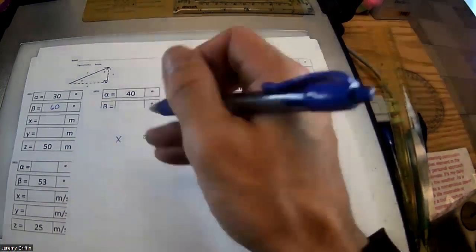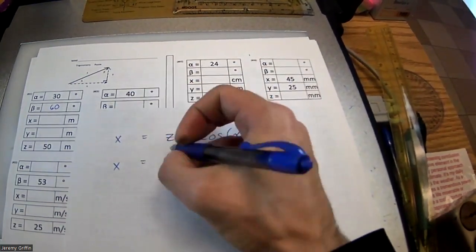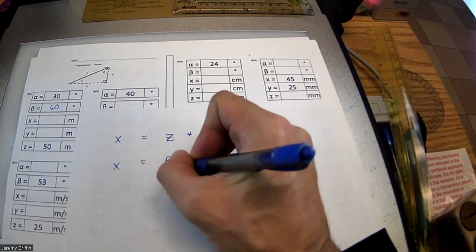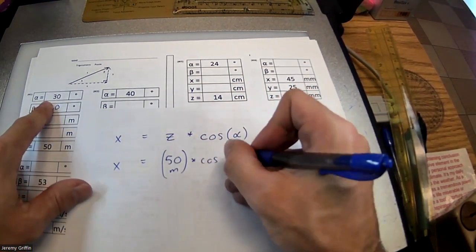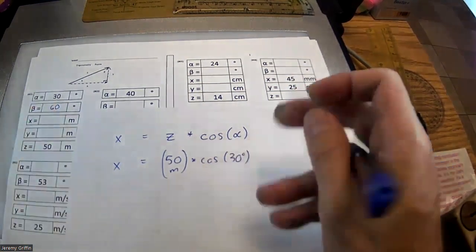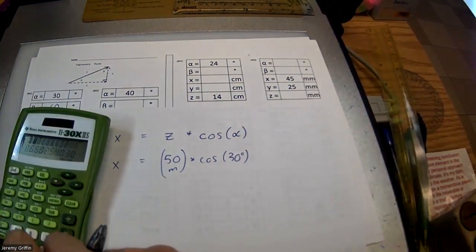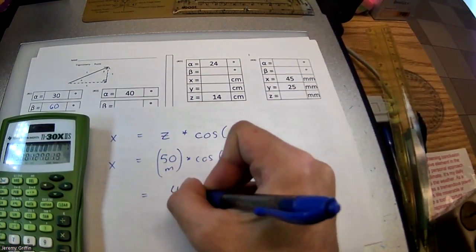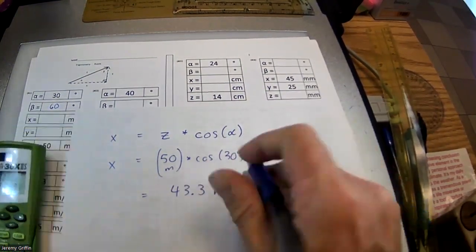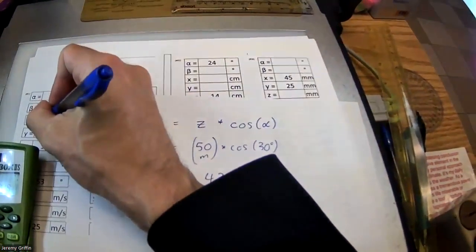Let's try that. Plug in some numbers. So I have 50 meters displacement, multiplied by cosine of 30 degrees. What is 50 cosine 30? That is 43.3 meters.